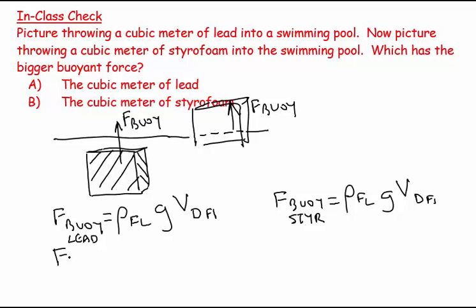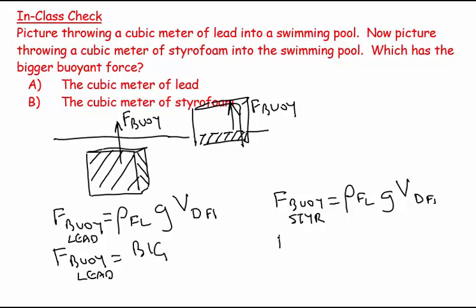So F buoyant for lead is equal to a big number. Whereas for the styrofoam, we can see just from our visualization that the volume of the displaced fluid is going to be small, since the styrofoam will hardly have any volume beneath the surface.